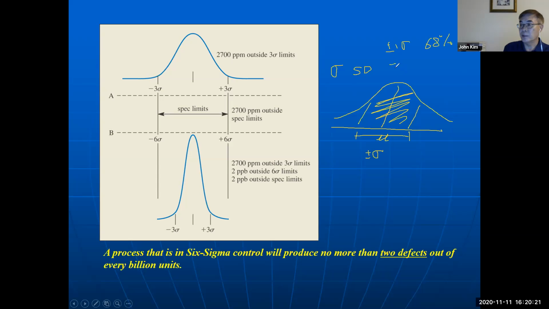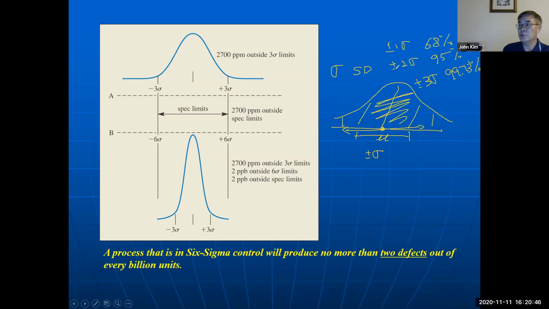If we use plus minus 2 sigma, so the distance from the mean is plus minus 2 sigma, then about 95% is inside. And if we use plus minus 3 sigma, then 99.73%.